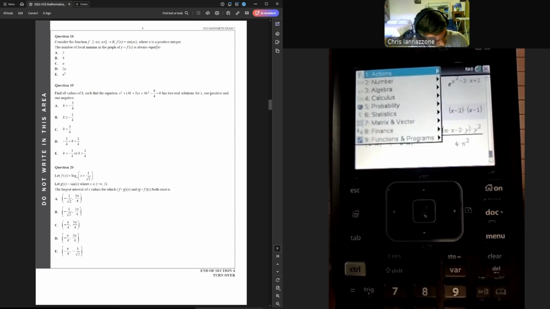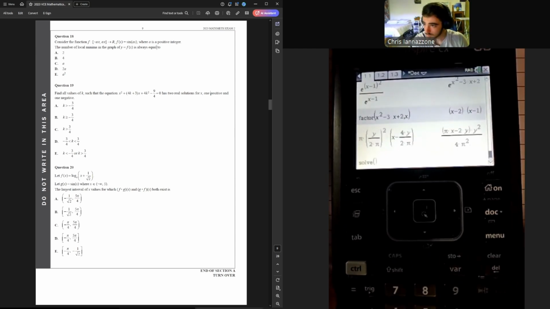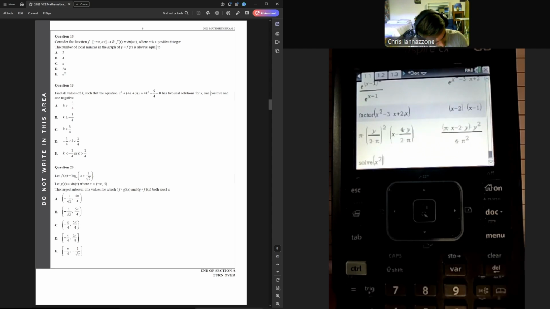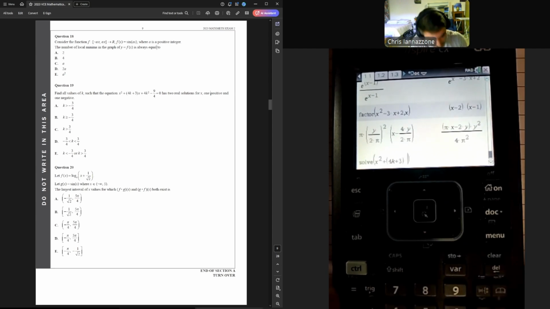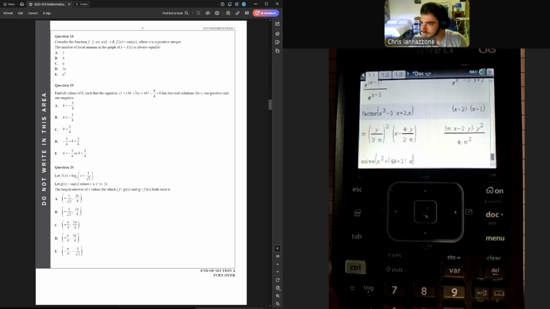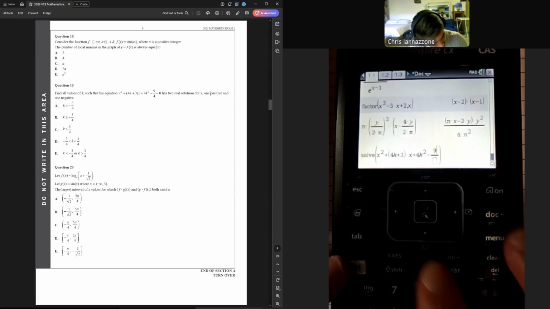So let's go for it. We have x squared plus bracket 4k plus 3, times x, and we have plus 4k squared minus 9 on 4 equals 0.